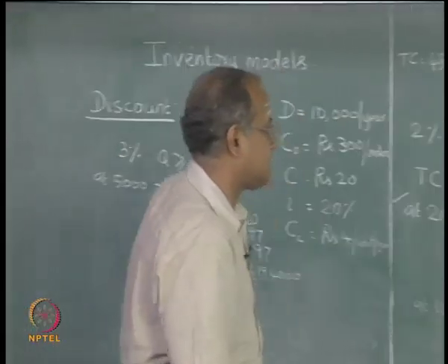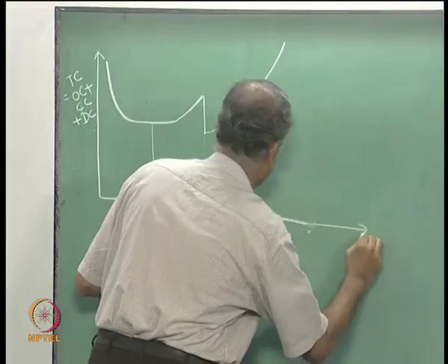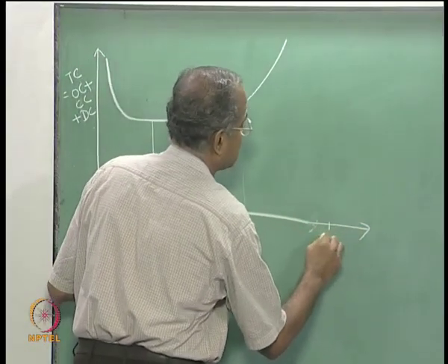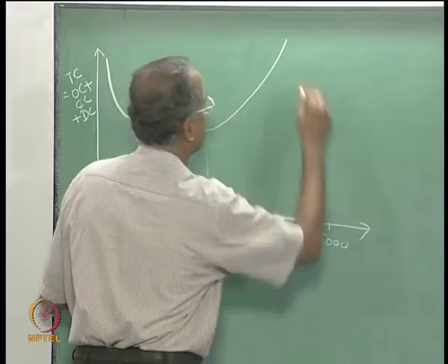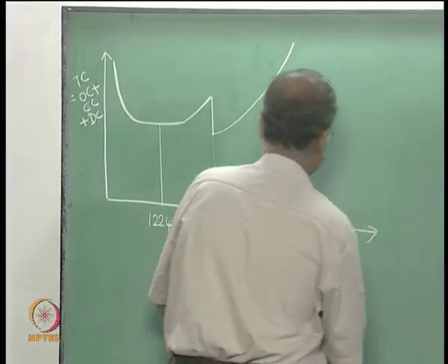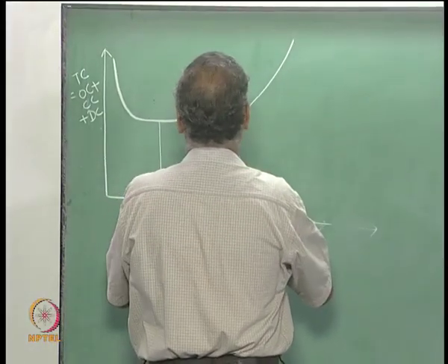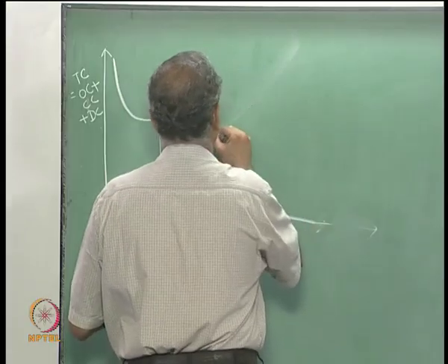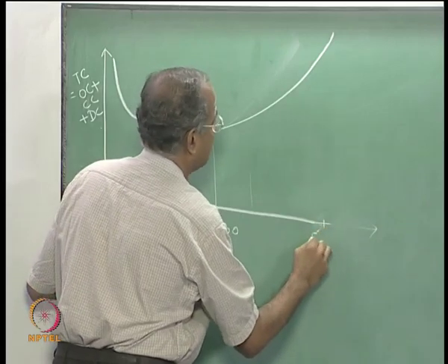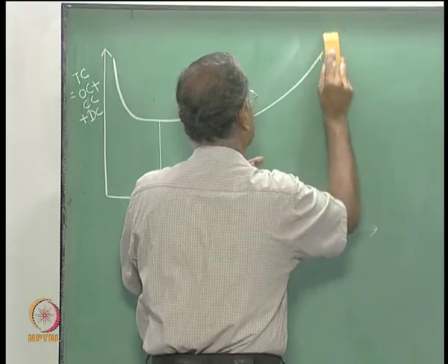So, to show it in this graph, let us say 5000 is somewhere here. So, it goes up. Now, there is another price break.